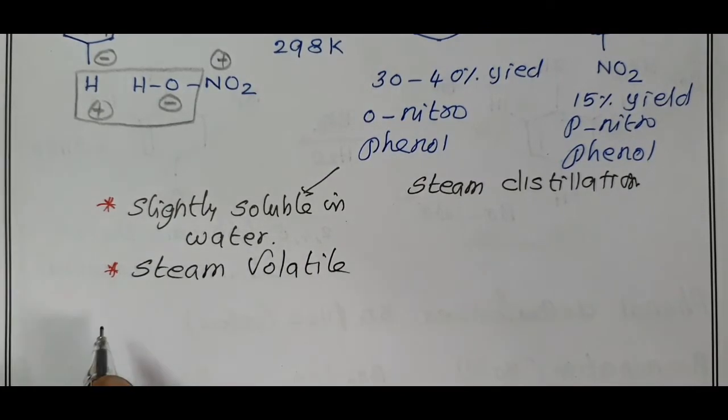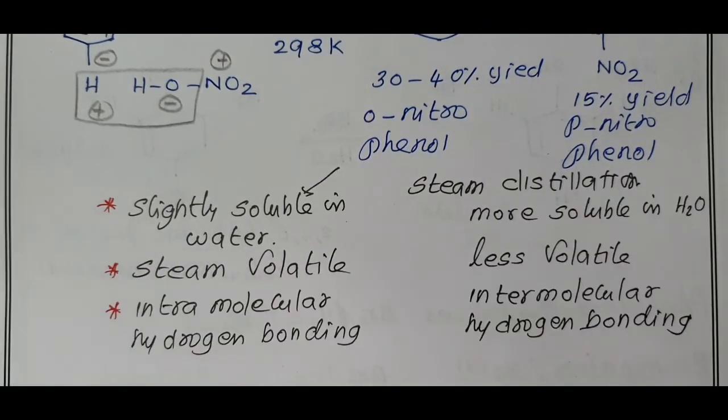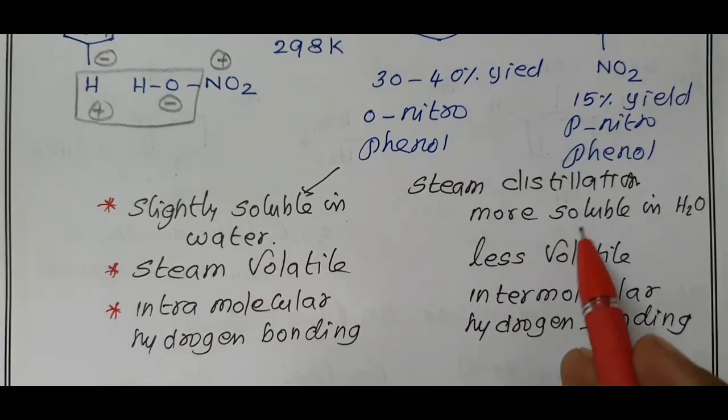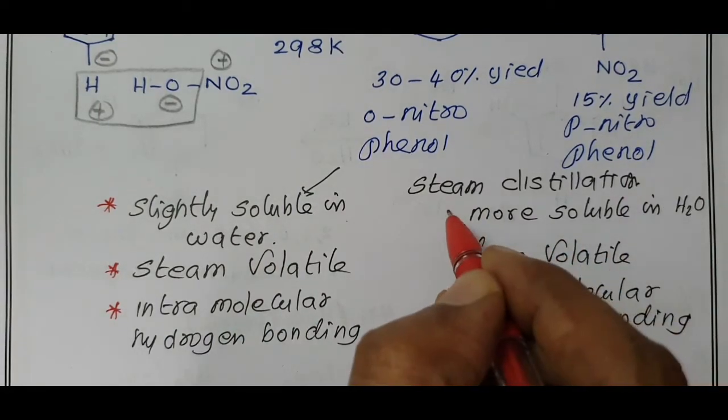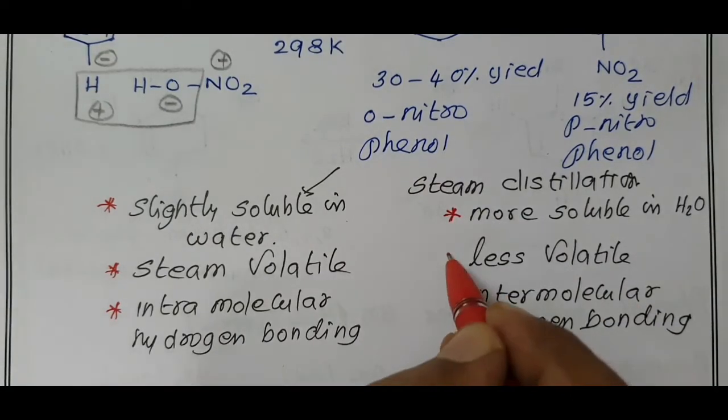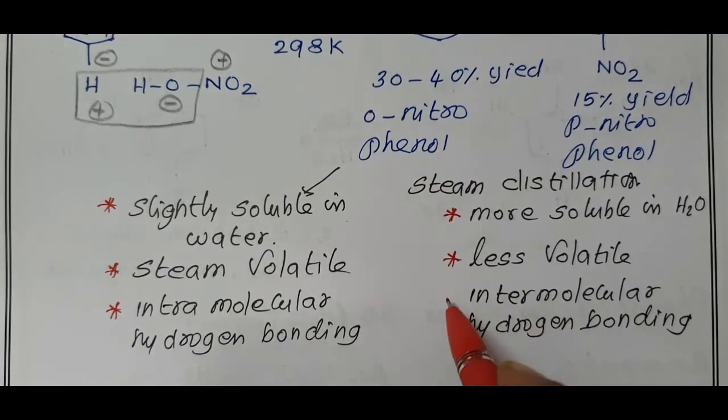Easily vaporizable, due to intramolecular hydrogen bonding. The hydrogen bonding is formed within the molecule in the case of ortho-nitrophenol. But para-nitrophenol is more soluble in water. It is less volatile due to intermolecular hydrogen bonding. Between the molecules, hydrogen bonding is formed.